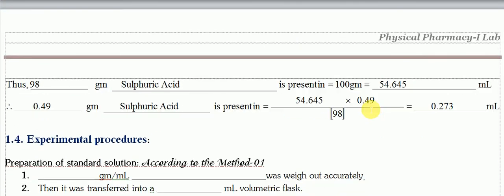So we have finally converted the gram into ml, and the purity has also been taken into account. Now we have to take 0.273 ml sulfuric acid from the container that holds the sulfuric acid and dissolve this 0.273 ml sulfuric acid in a 100 ml volumetric flask. That will provide us our intended 0.1 normal sulfuric acid.